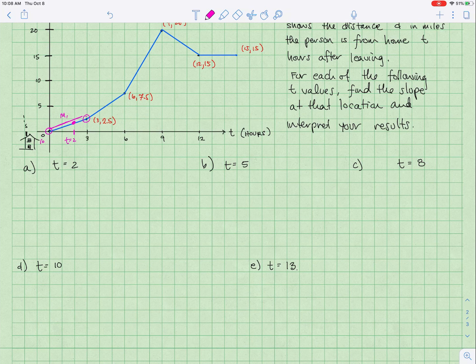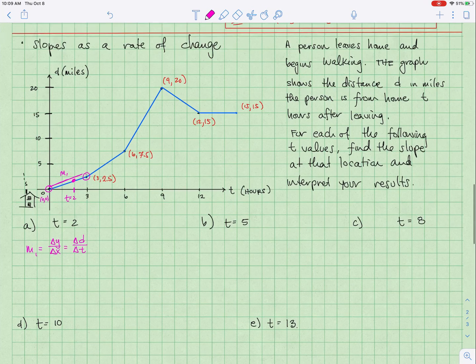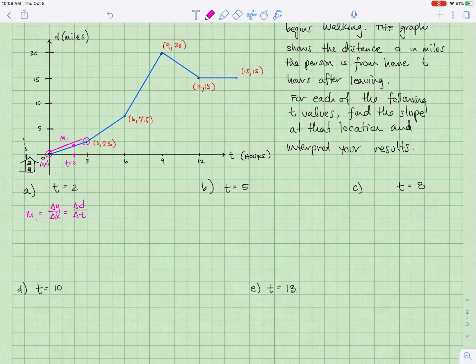So this is the point 0, 0 at home, meaning at time 0 we've gone 0 miles from home. And at time 3 we've gone 2.5 miles from home. The slope 1 here is going to be the change in y over the change in x, or in this case, the change in the distance over the change in the time, since d is acting like the y value and t is acting like the x value.